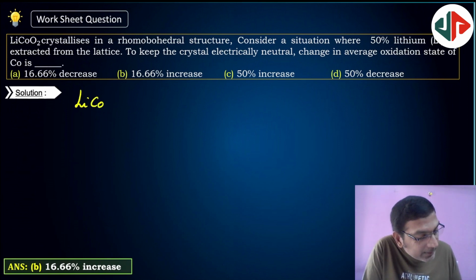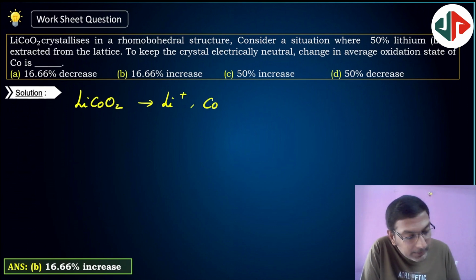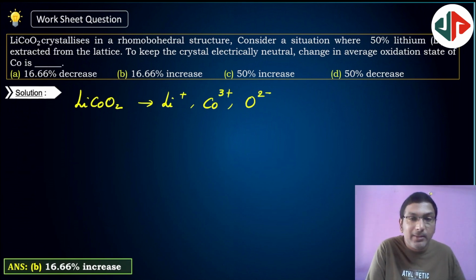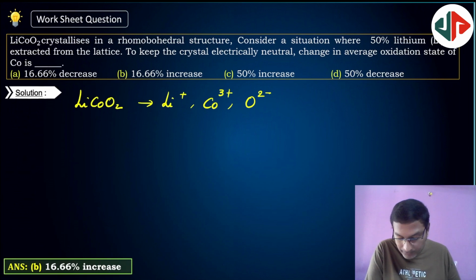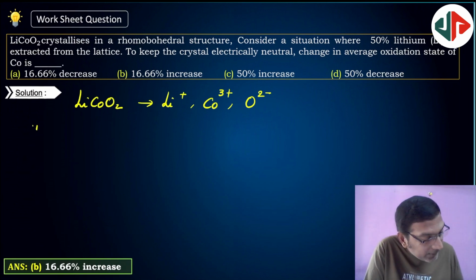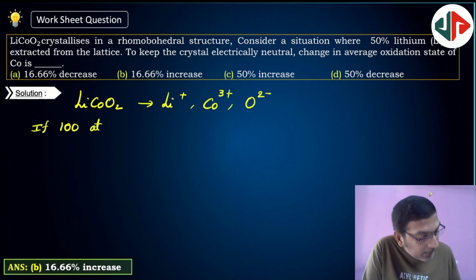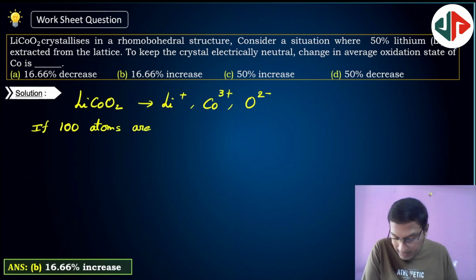We know Li will be in +1 state, Co 3 plus common state, O 2 minus. These are normal oxidation states. Suppose 100 atoms are present each.